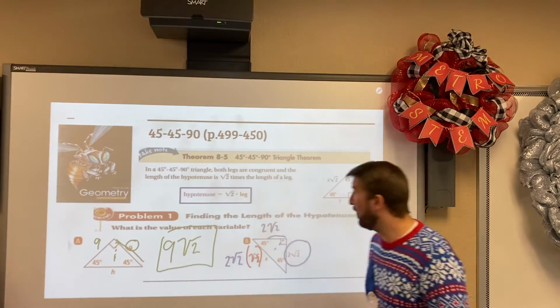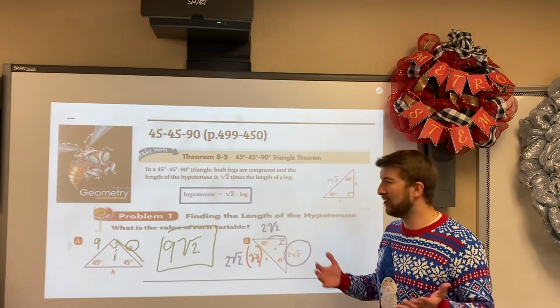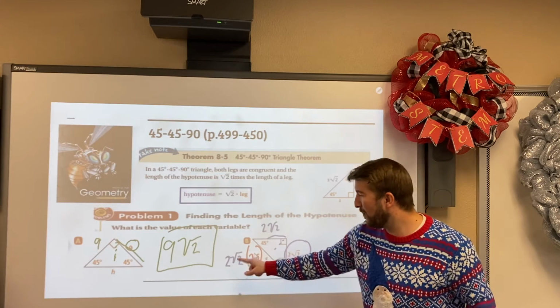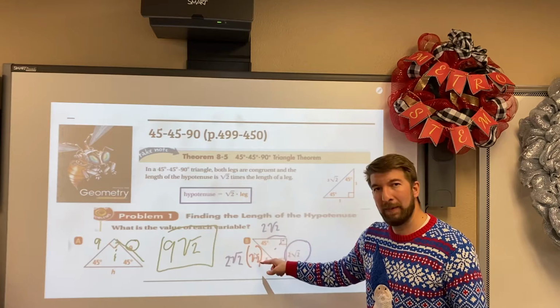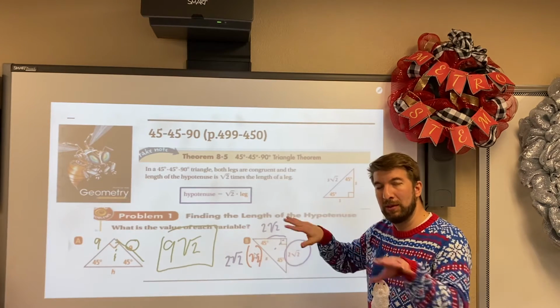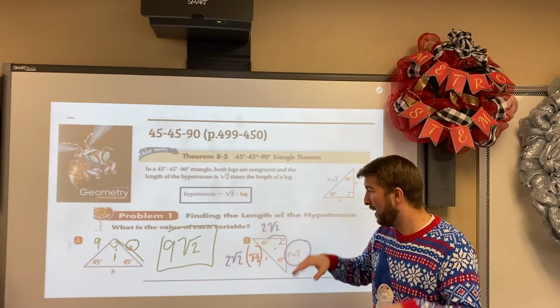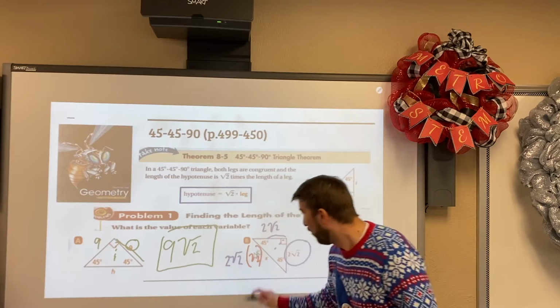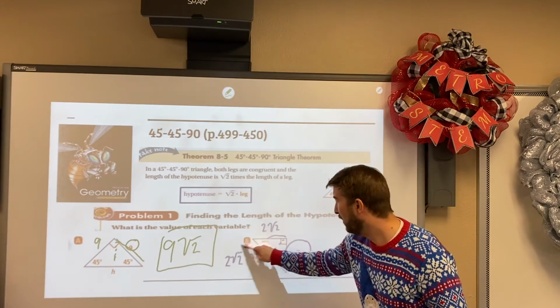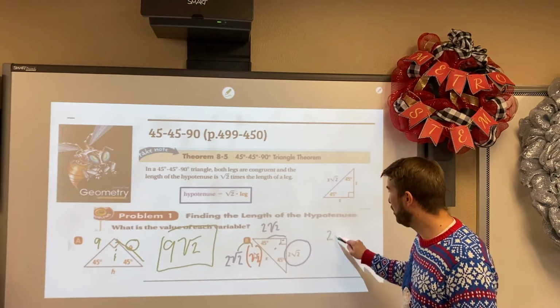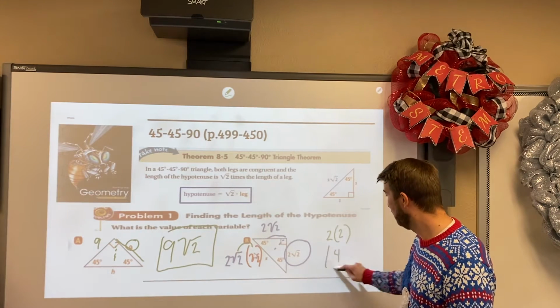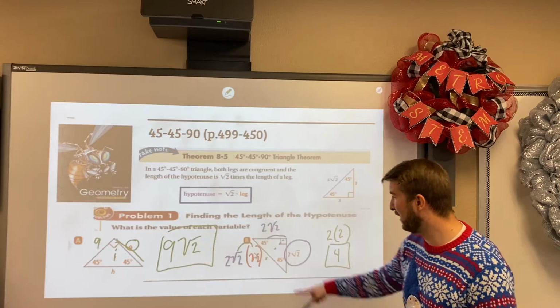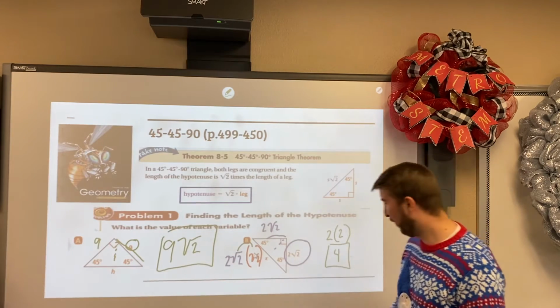If you remember back to, I think, chapter 6 or 7, we learned that if you multiply a radical by the same radical, the square root box goes away. And so, when we multiply, it would be like 2 times 2, and 2 times 2 equals 4. And so my answer here for x is 4.